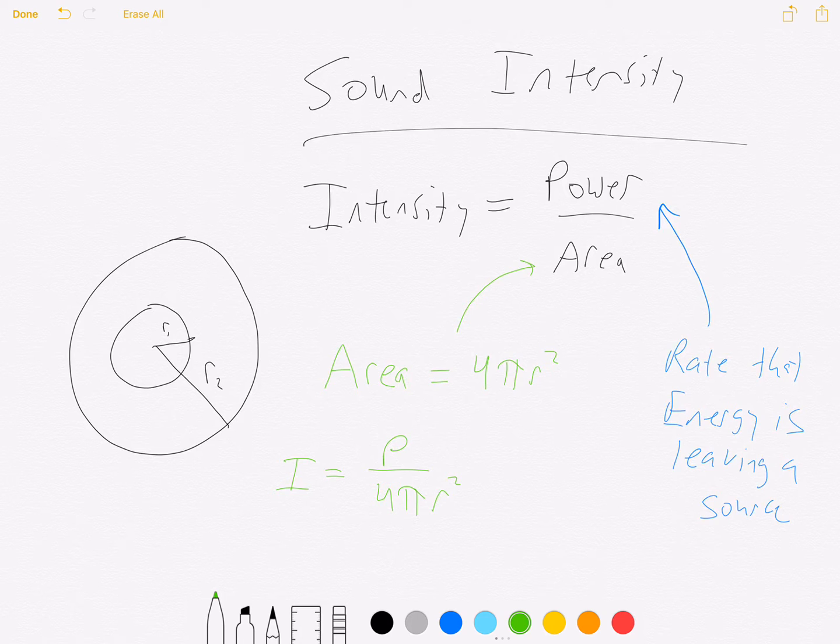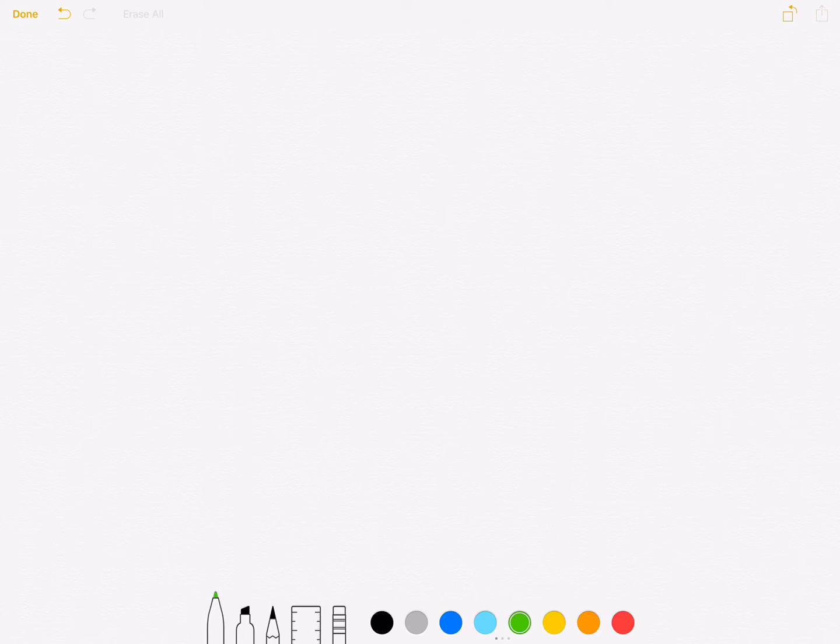And I want you to pay especially close attention to this r squared term, because that gives rise to something called the inverse square law. In physical situations where you get this 1 over r squared term, we call this inverse squared because we have an r squared in the denominator.